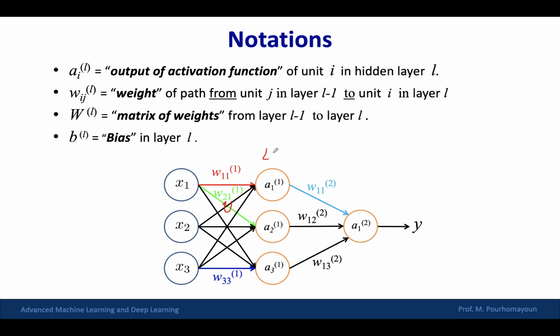So this is layer 1. And similarly, this guy right here represents the weight going from the second neuron of layer 1 to the first neuron of layer 2. So these are the notations that we use.